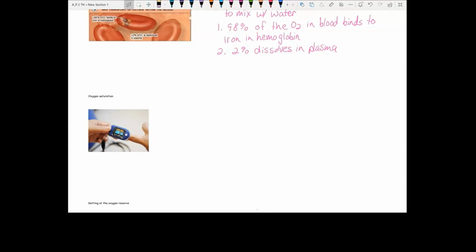Then I want to explain what oxygen saturation is. So this is a common measurement that's taken, and we have those little meters in class that you've put on your finger before and you've seen your oxygen saturation.